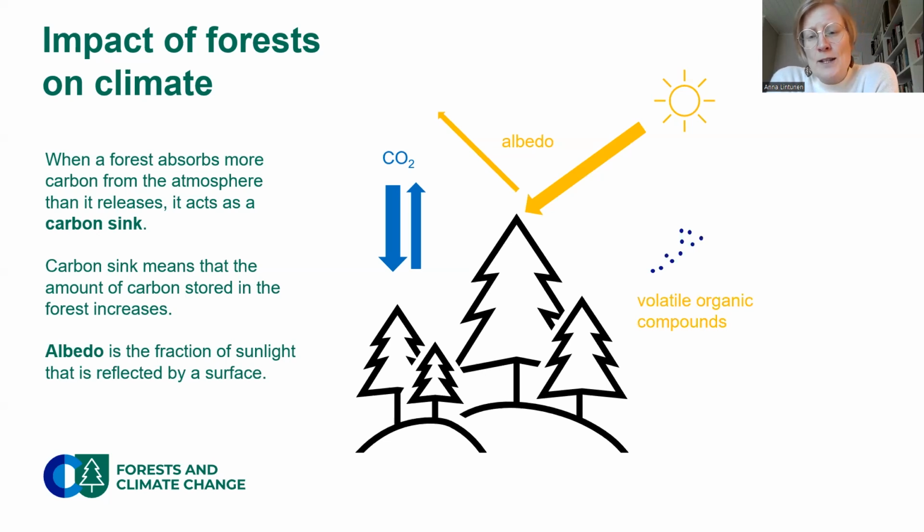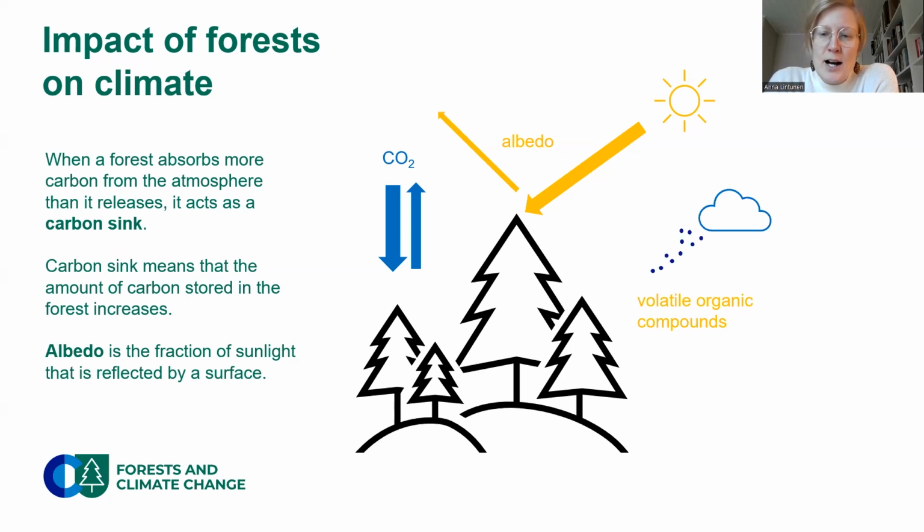Then forests also emit volatile organic compounds. We cannot see them, but we can sometimes smell them, especially after a rain in the forest. And these volatile organic compounds contribute to forming aerosols, small particles in the atmosphere. And these small particles can further produce clouds by acting as cloud condensation nuclei, like small seeds that form cloud droplets.